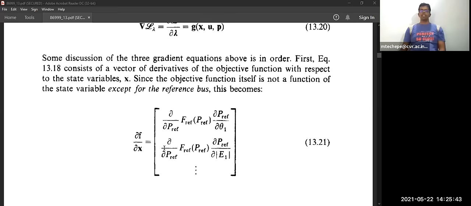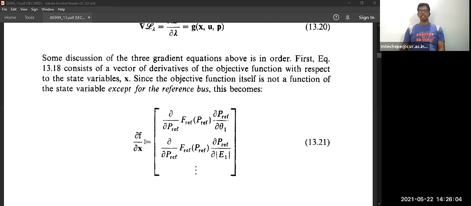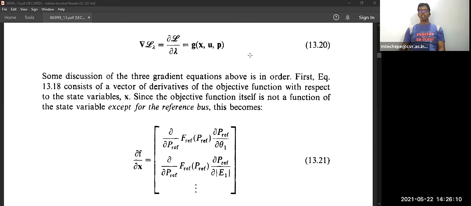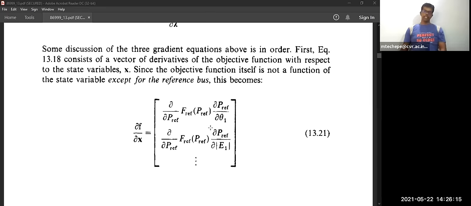So next is dou divided by dou p reference, f of p reference into dou p reference divided by dou e1. This will continue for n generating units, whatever you consider. So this is nothing but dou f divided by dou x. Just like that, we are differentiating with respect to x. Already f is there, so just like that we are differentiating this.